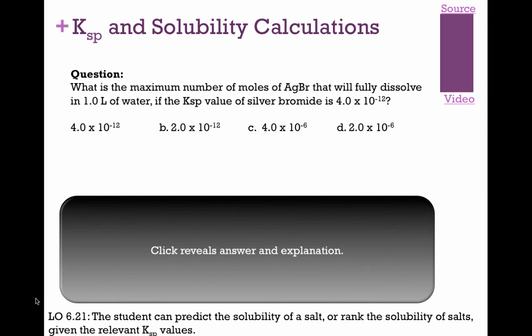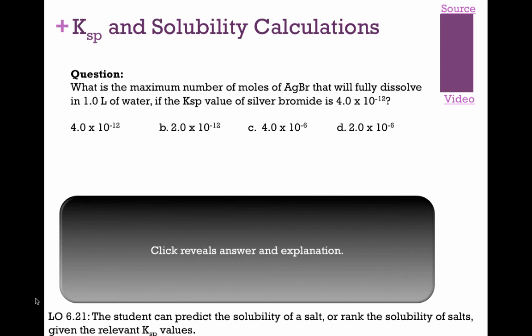All right, so 4 times 10 to the negative 12 equals what? X squared. Then you solve for x. Well, let's see, square root, so 2 times 10 to the negative 6, right? 12 times 1/2, yeah.